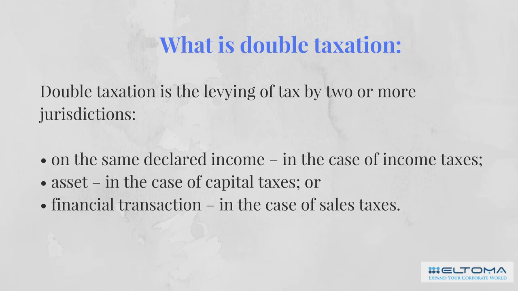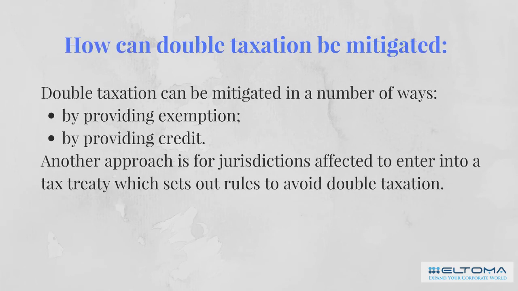So what is double taxation? Double taxation is the levying of tax by two or more jurisdictions on the same declared income in the case of income taxes, asset in the case of capital taxes, or financial transaction in the case of sales taxes. The term double taxation can also refer to the double taxation of some income or activity.